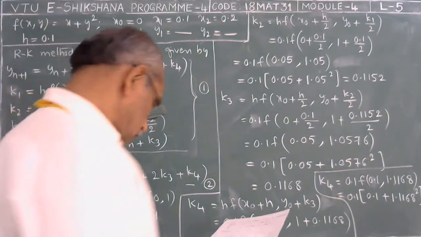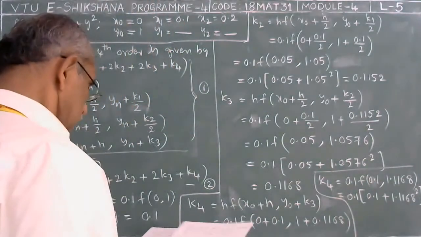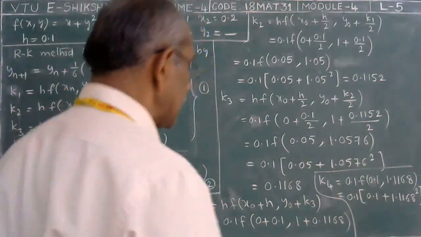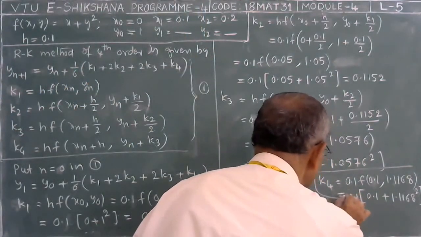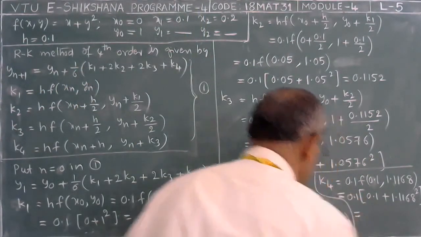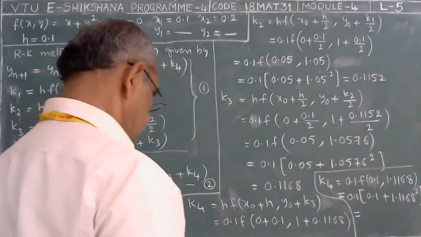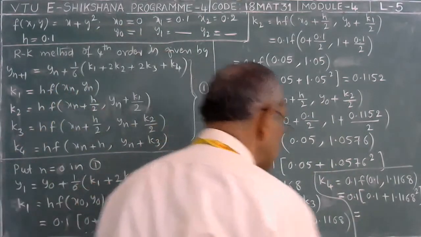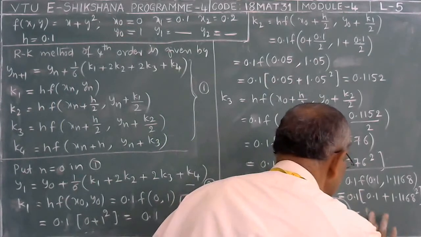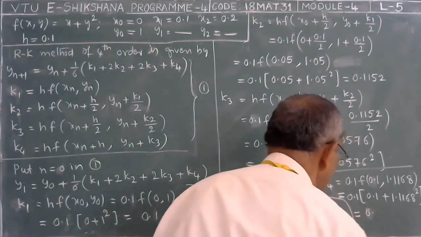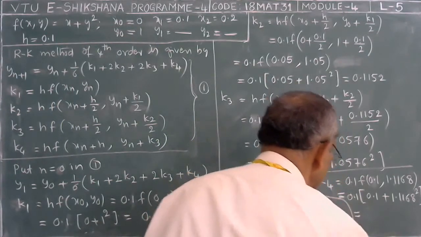If you carefully calculate, you get k4 is equal to 0.1347.